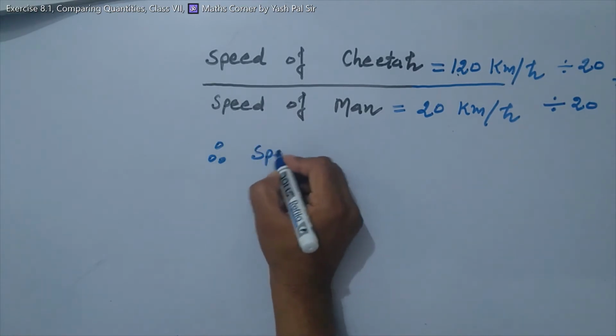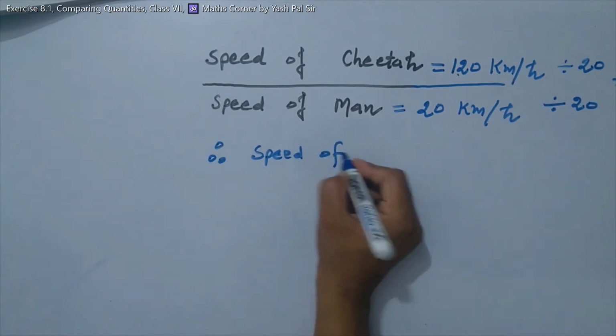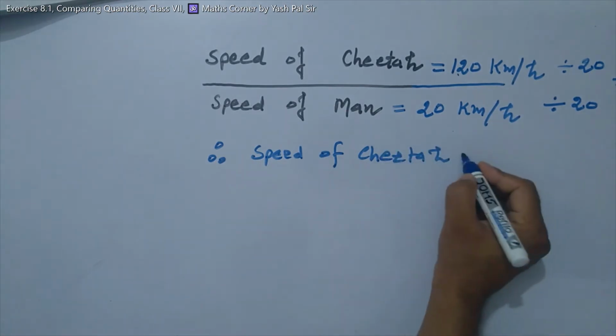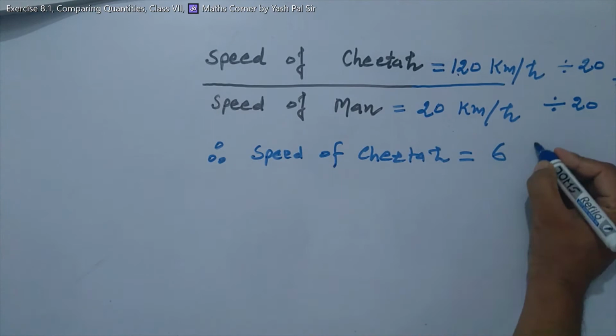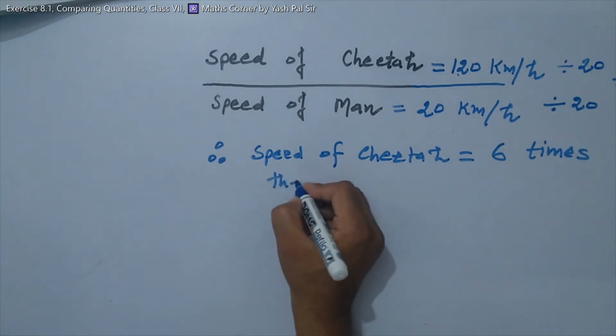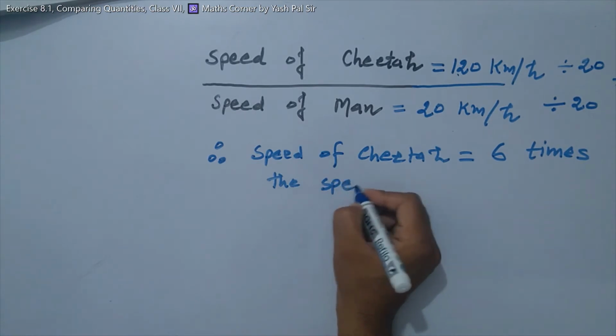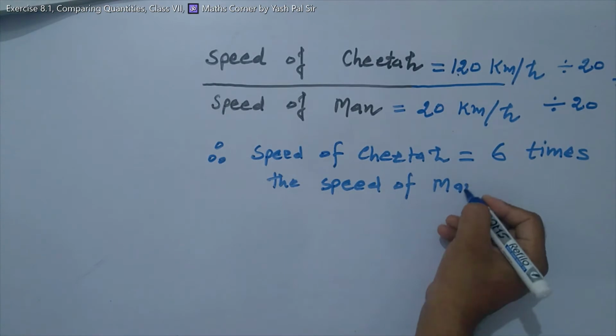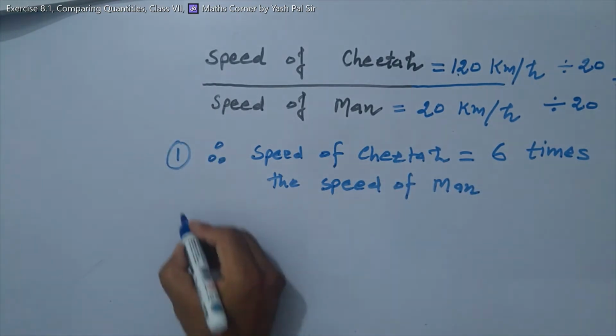So what do we write? Speed of cheetah is equal to 6 times the speed of man. This is one way of writing.